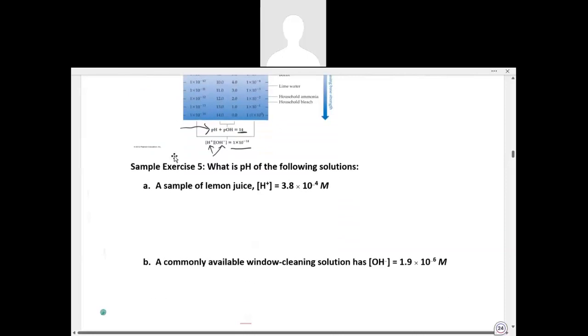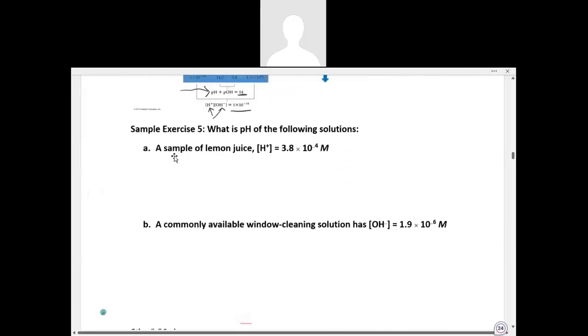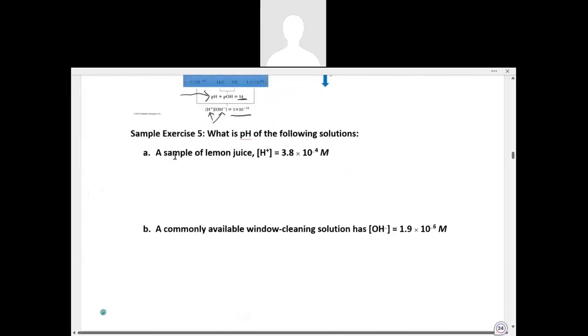Let's take a look here at sample exercise 5 and see if we can solve for the pH of these solutions. We have a sample of lemon juice, and we're told that the hydrogen ion concentration, which is really the hydronium ion concentration, is 3.8 times 10 to the negative 4th molar.